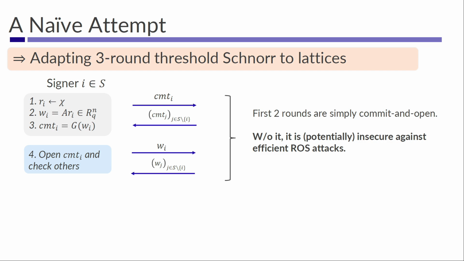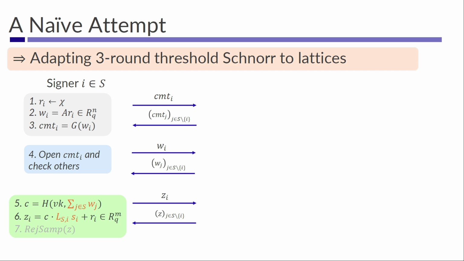I say potentially because we really don't know if we can apply the known ROS attack to the lattice setting, but there is no way to really prove this right now, so I'm writing potentially insecure. Anyway, we commit to this W with a hash function, making a hash commitment, and we open it. These are the first two rounds. The third round is the more interesting part. We linearly combine the commitments W together and hash it. Then the response is going to look something like this, where we have this Lagrange coefficient.